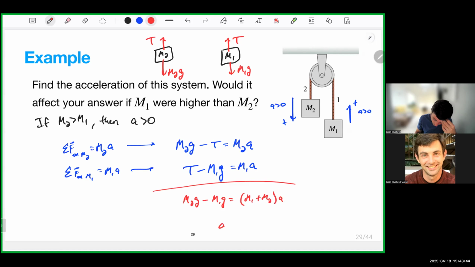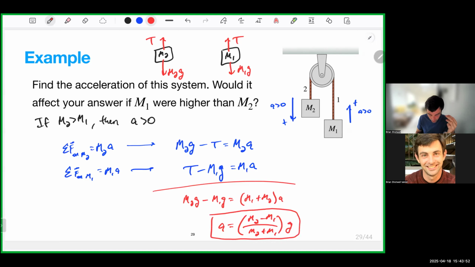So if we solve for A, we get M2 minus M1 over M2 plus M1 times G. And notice how this satisfies this assumption at the beginning, that we defined acceleration such that if M2 is bigger than M1, the acceleration is going to be positive. So if M1 is bigger than M2, our acceleration is negative. That's just the sign convention we chose.